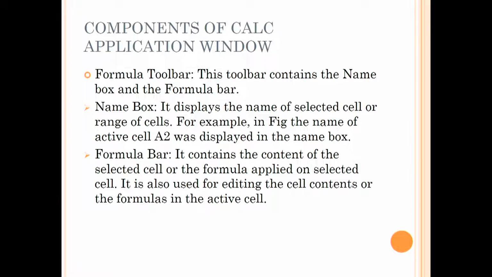So that is the active cell and that is the name box. The next component is the formula bar. The formula bar contains the content of the selected cell or the formula applied on the selected cell. If there is some formula which is being applied, it will contain the formula, or else it will contain the content as it is. It is also used for editing the cell content or the formulas in the active cell.